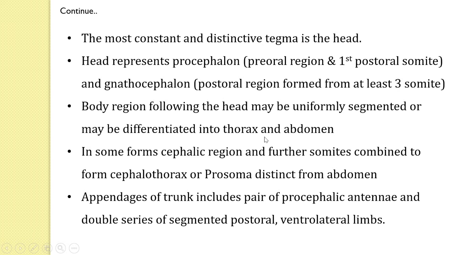In some forms, the cephalic region and a varying number of the succeeding somites are combined in the cephalothorax, also referred to as the prosoma, distinct from the abdomen. The primitive terminal segment, known as the telson, is probably not a true somite, but is an end piece of the body bearing the anus, corresponding to the periproct of the annelid organism.